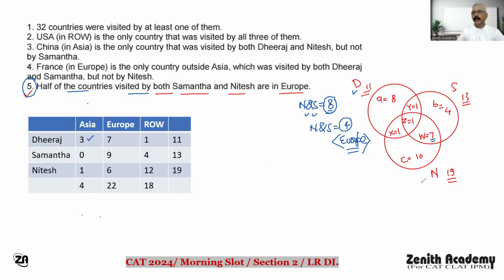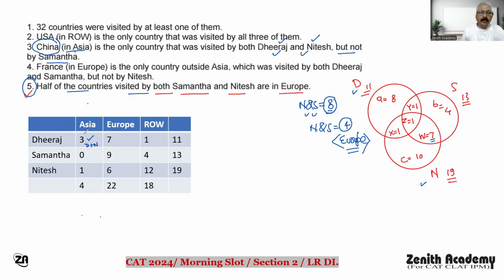Dheeraj and Nitesh visited together only one country, not Samantha, in Asia. In Asia, China is the only country where Dheeraj and Nitesh visited together. Samantha is not there. It means one country out of three is Dheeraj plus Nitesh.